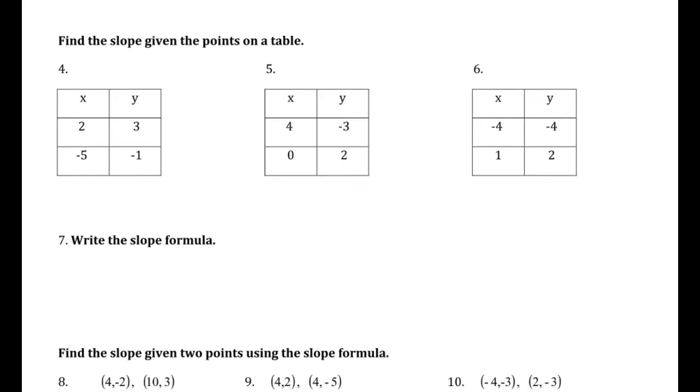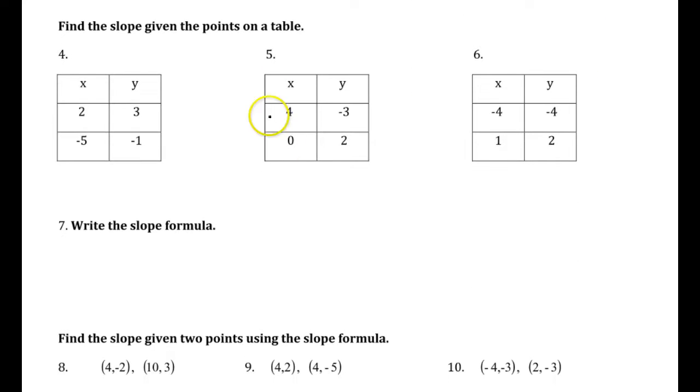Okay, the next day we did the same idea, but find a slope using a table. So we're still finding rise over run, our m equals. But instead of looking at the graph, we're just saying, how far is it from 3 to negative 1? The easy way of looking at this is if it's 3 degrees and it drops down to negative 1, what's the change? From 3 degrees to negative 1 degrees, it went down 4.